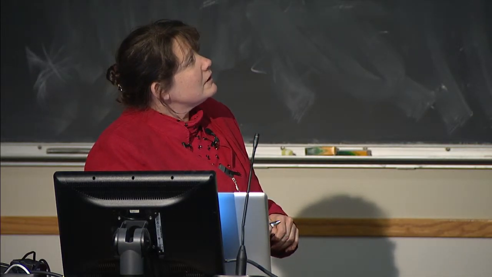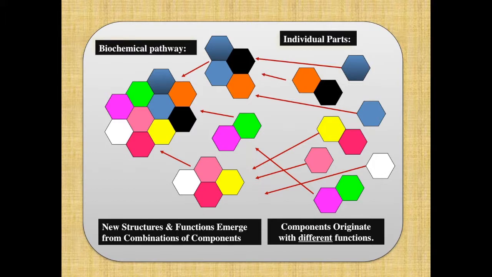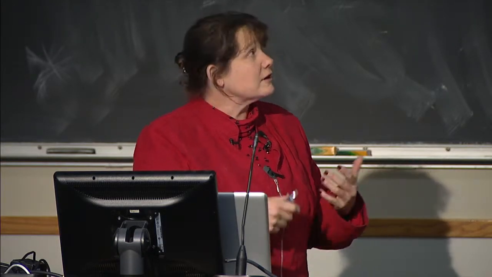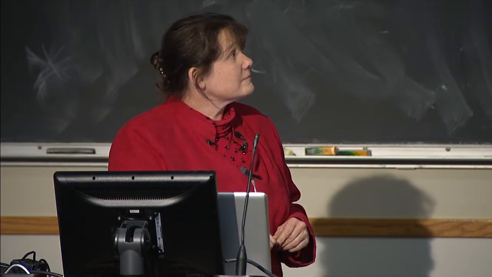And they come together, and these things were useful on their own in various ways. These are useful in other ways. And when you get a larger molecule like this, it takes on yet more functions. And so you can see this as not a sudden appearance of life, but as a gradual buildup of simpler things into more complex things that take on emergent functions.